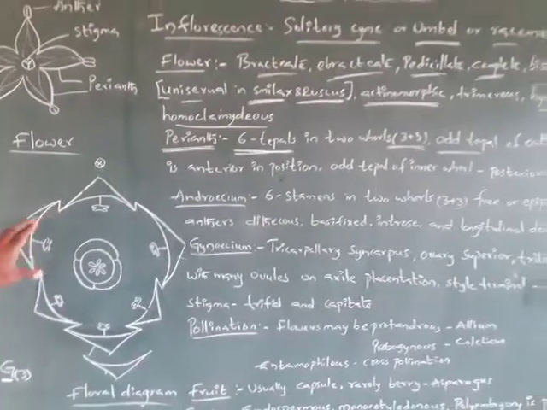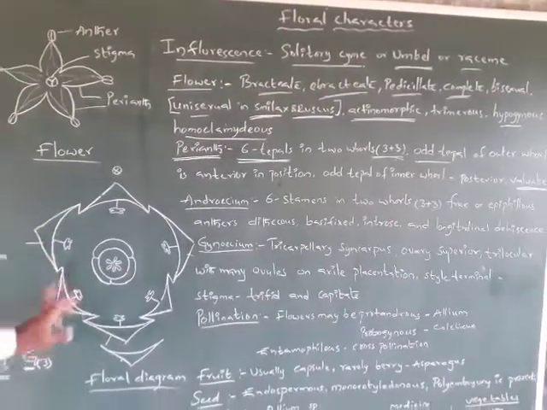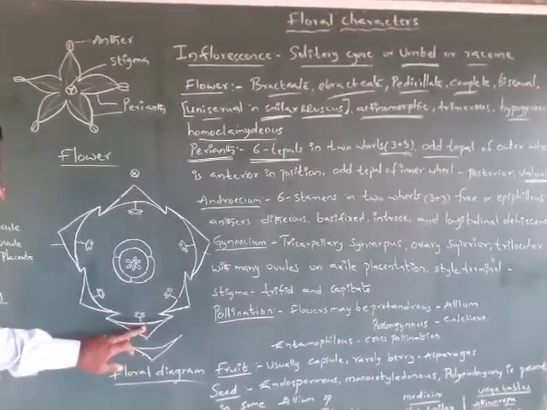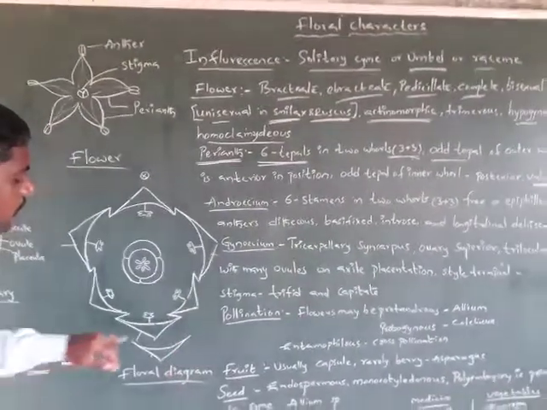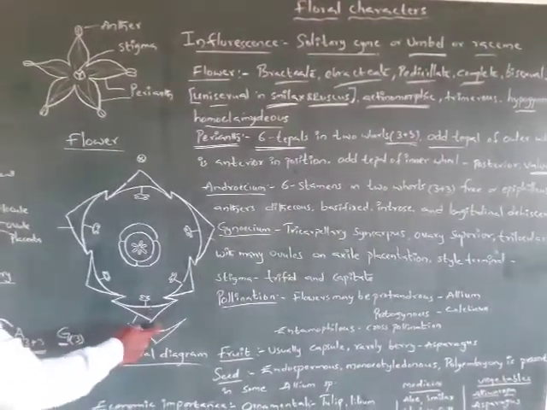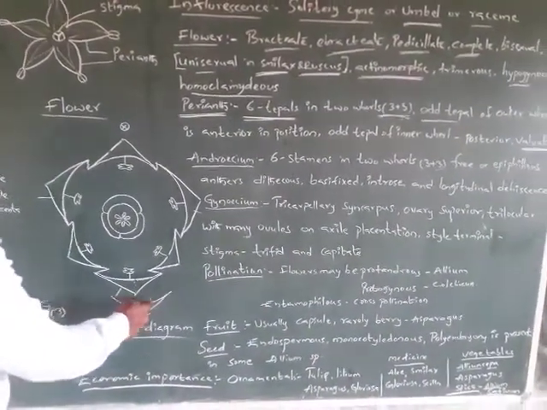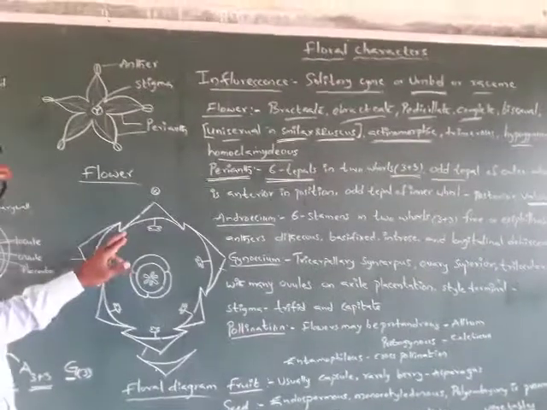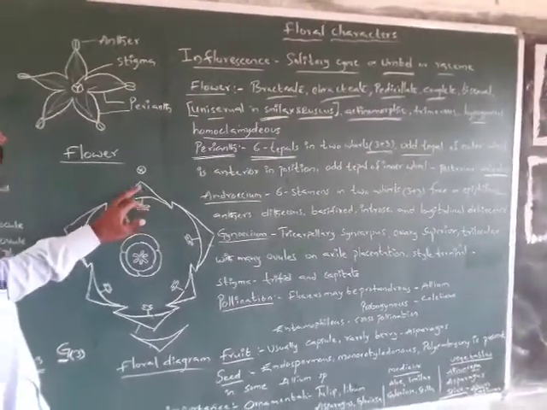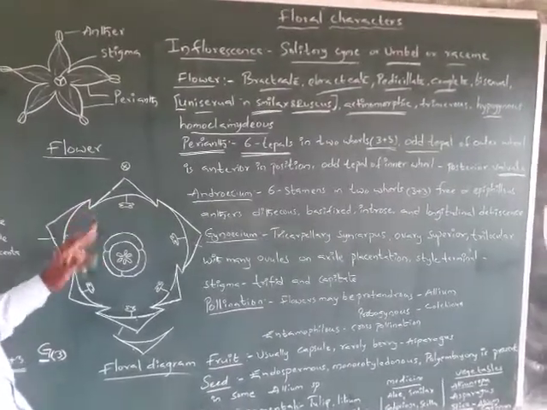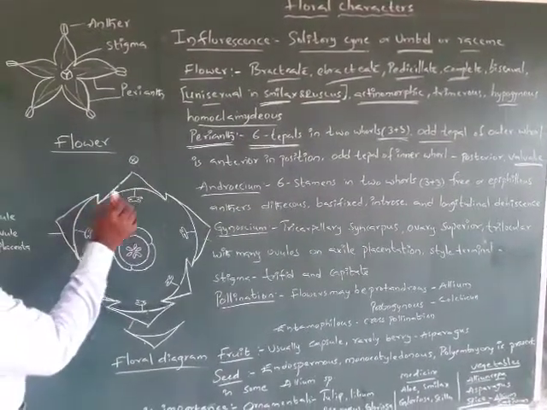In this floral diagram, see here the outer perianth lobe, the tepal which is in the anterior position. And the inner whorl tepal which is in the posterior position. And the aestivation is valvate aestivation.